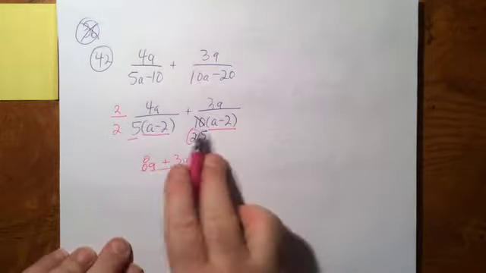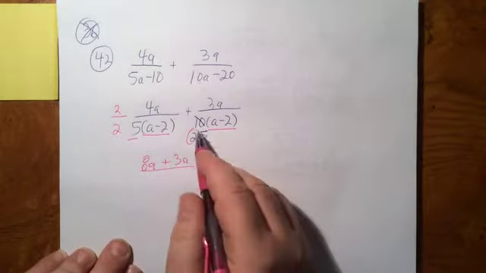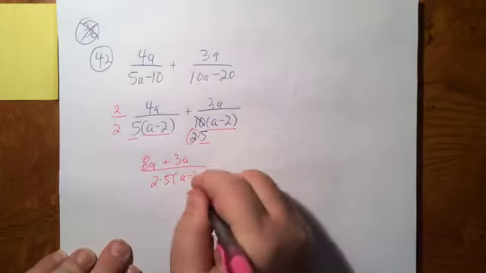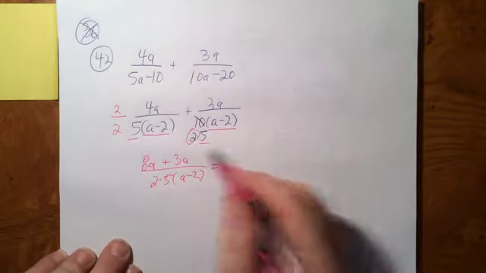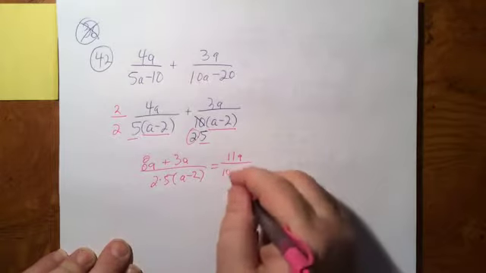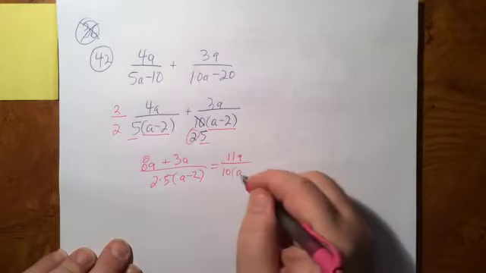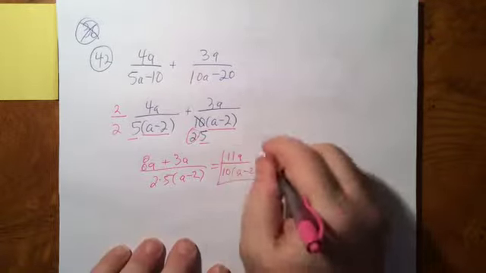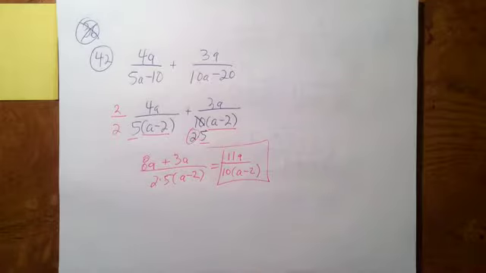And we're going to leave this as 2 times 5 times a minus 2. Well, 8a plus 3a is 11a. And we'll just make this 10, because nothing's going to reduce now. So we have 11a over 10 times a minus 2. This is in its simplified form.